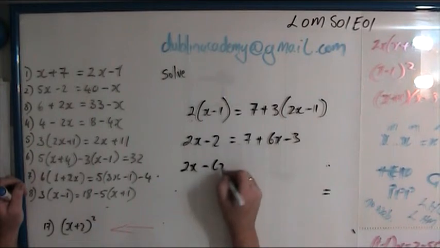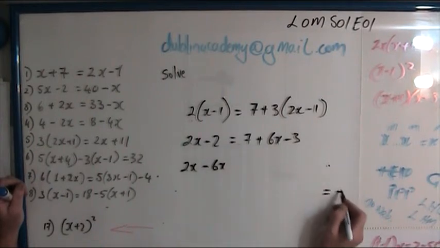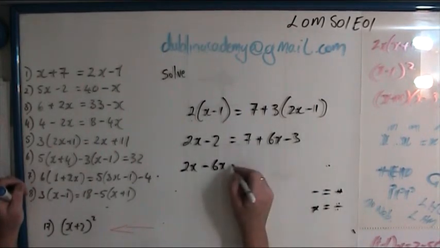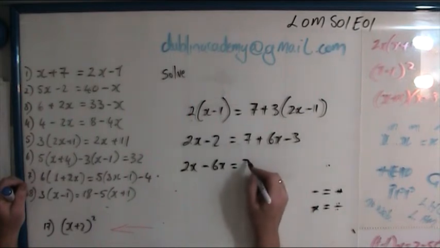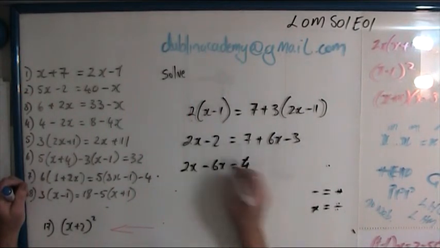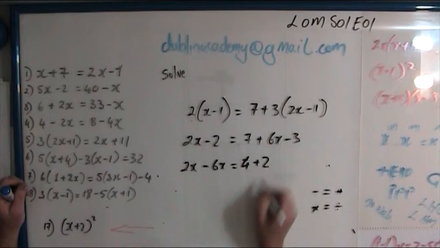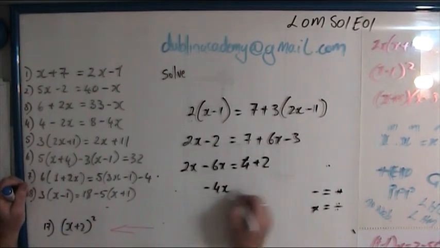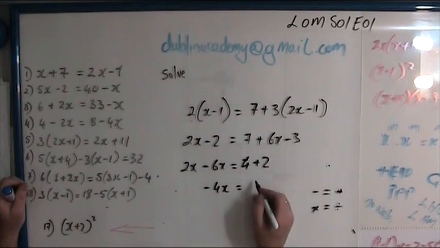The 6x becomes minus 6x because a plus becomes a minus. Division becomes multiplication, and vice versa. Minus becomes a plus. That becomes 7 minus 3, which is 4. Bring across the minus 2 and it's plus 2. So you've got 2x minus 6x is minus 4x is equal to 4 plus 2, which is 6.